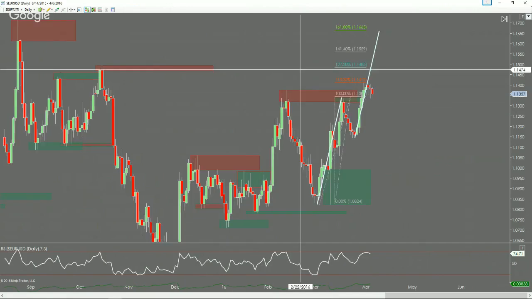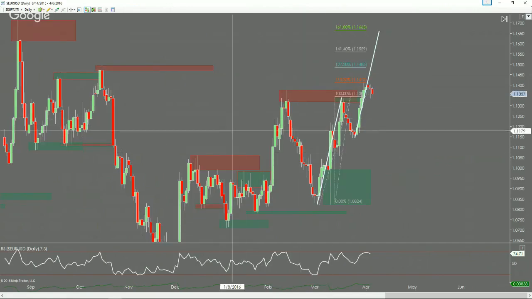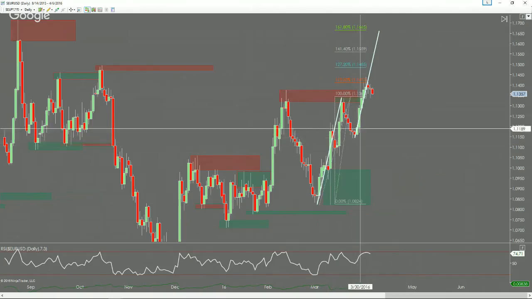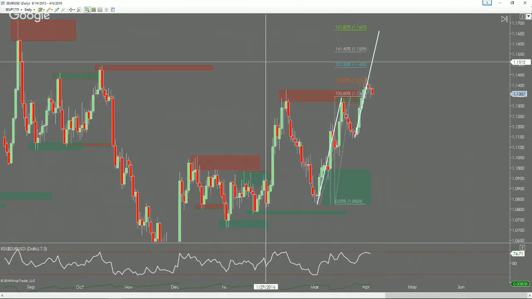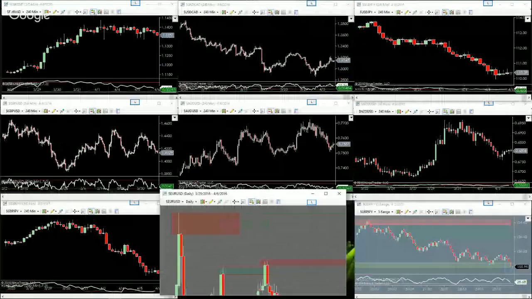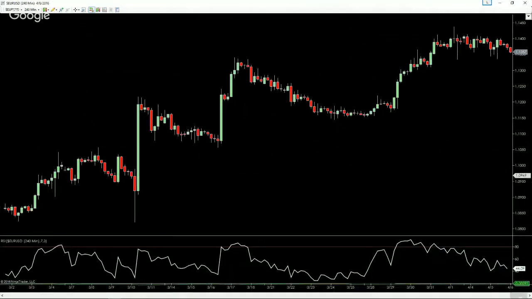However, for me, I don't trade specifically on the daily. And also we did miss this entry right here already. So what I would be looking for is maybe a smaller opportunity right here on the smaller time frame, and maybe just use some extended targets up to that level of structure. So let's go ahead and go down to our 240.